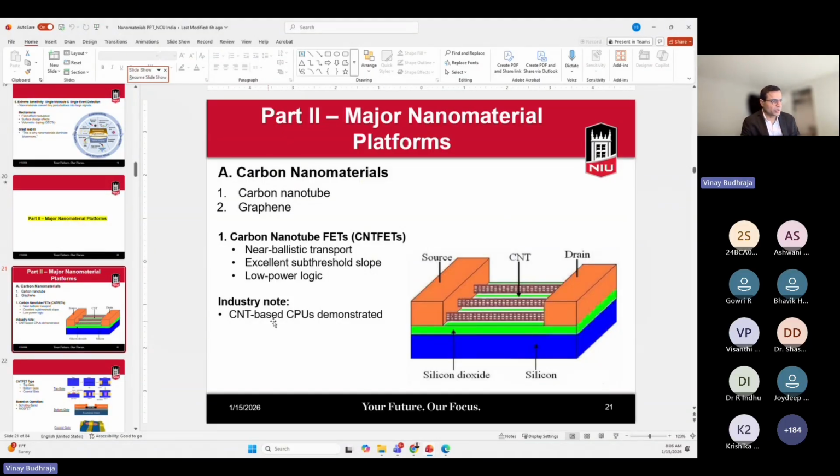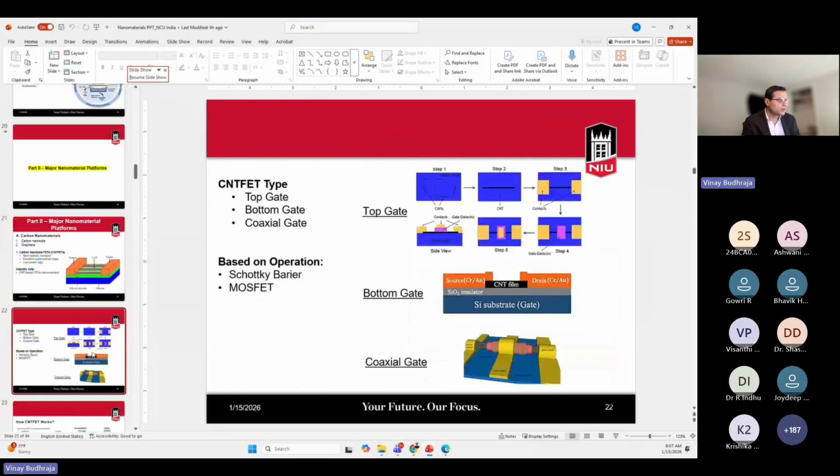Industry note: carbon nanotube-based CPUs have been introduced and are being used in many different CPU operations, and they have higher speed and lower switching time. The advantages of carbon nanotube FETs are near ballistic transport, excellent subthreshold slope, and low power logic.